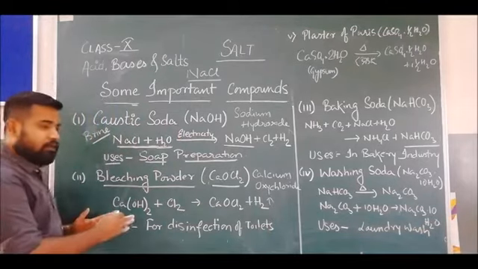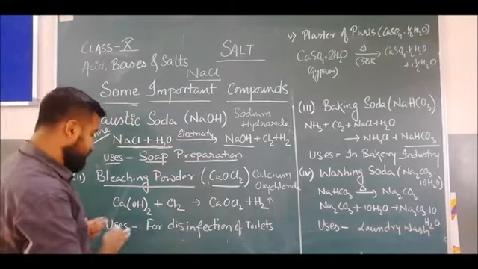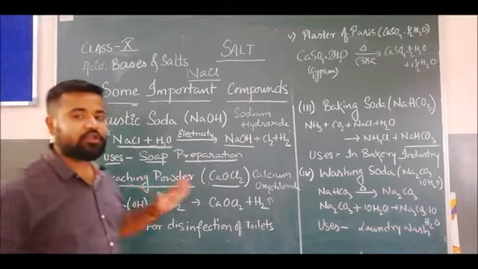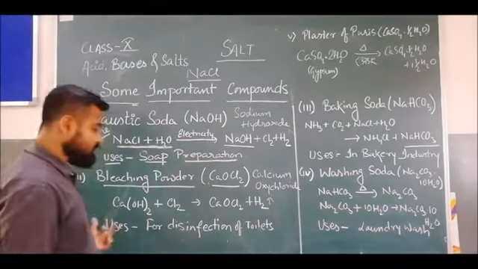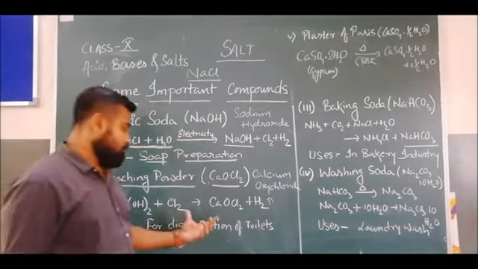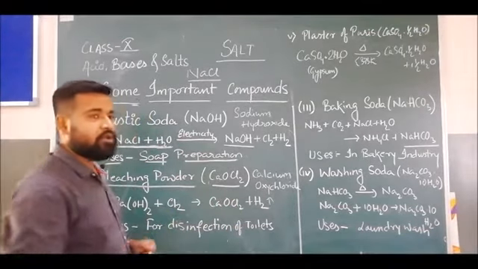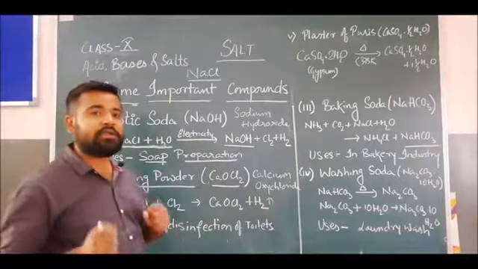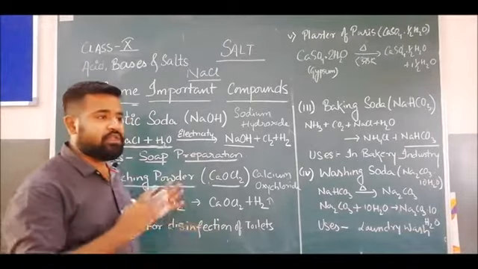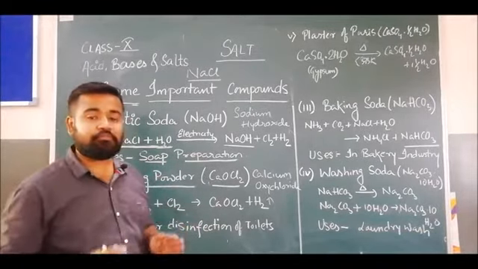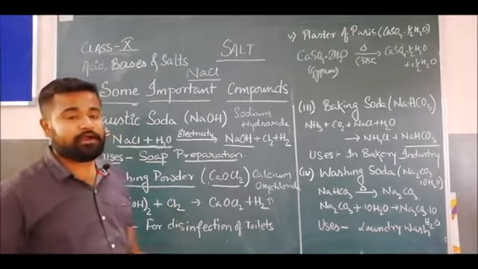So what is the use of this bleaching powder? It is mainly used for the disinfection of toilets. Means mainly to clean the toilets and bathrooms we use this bleaching powder, because this will work like a disinfectant. What are the other uses of bleaching powder? It is also used for the purification of water.